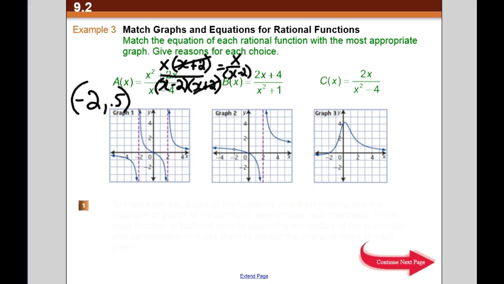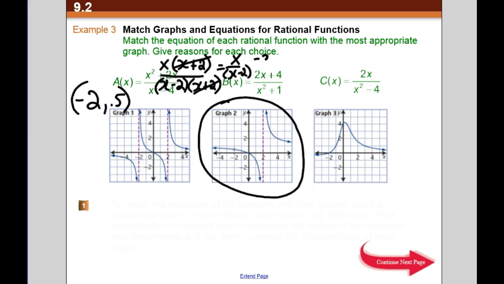So which graph has a point of discontinuity? Yeah, this guy does. So he would match with the first equation. Okay, and if you notice, the point is at minus 2 and 0.5. You take the minus 2 and you put it back into what you're left with.